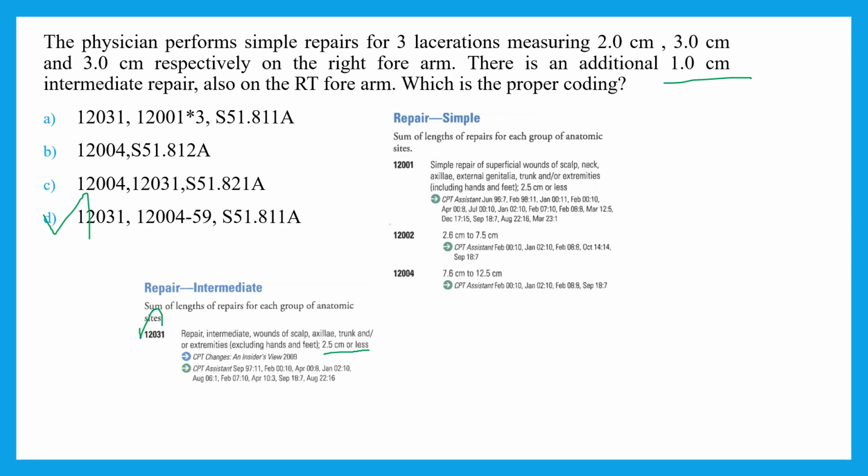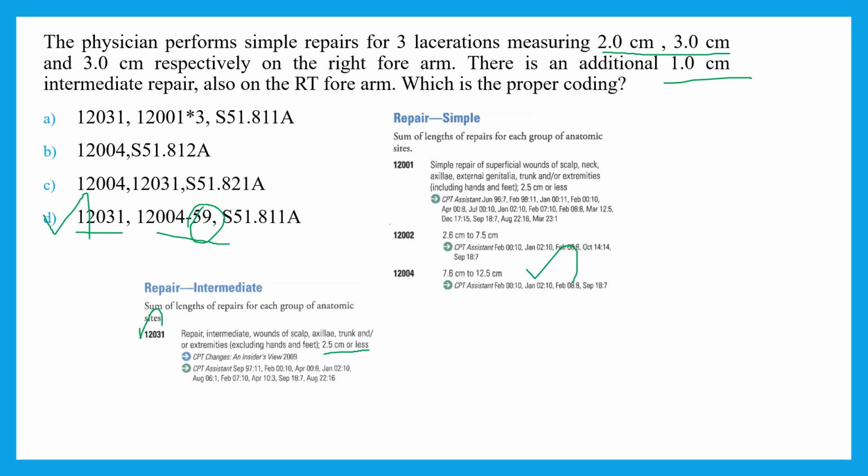After that, same anatomical site, simple repair is happening, so we can add: 2 plus 3 plus 3, that is 8 centimeter. So 12004 will be the right one. As we are mixing simple and intermediate repair, the intermediate repair code should come first, and the simple code with modifier 59. We should add that.